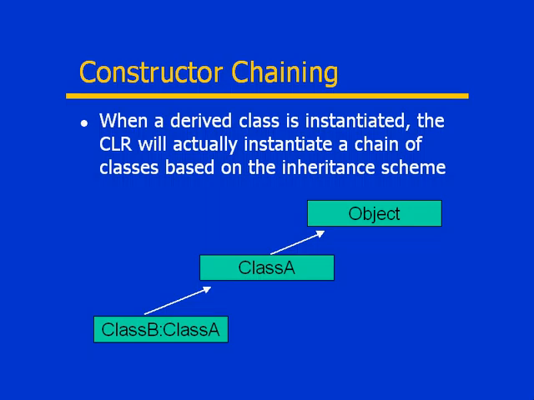Now, how does this chain actually get created? Well, remember that every single class has a constructor. So in order to create the chain, the Common Language Runtime will implicitly call the constructor of the parent class. This makes some assumptions, though, on the organization of the constructor.